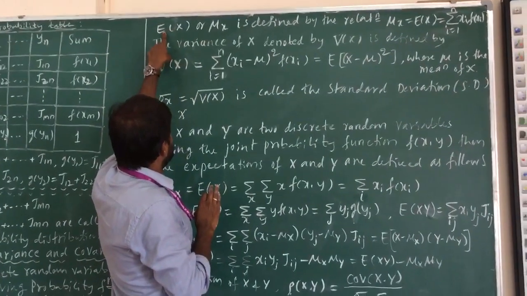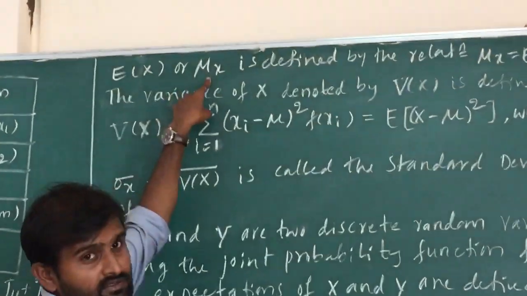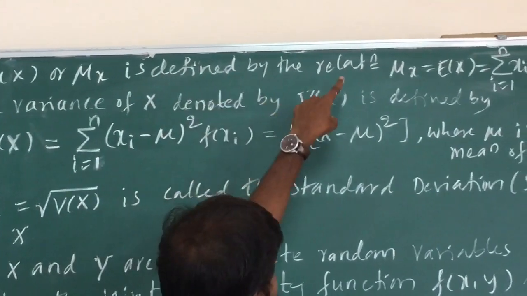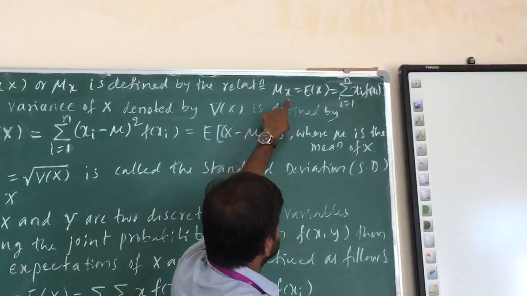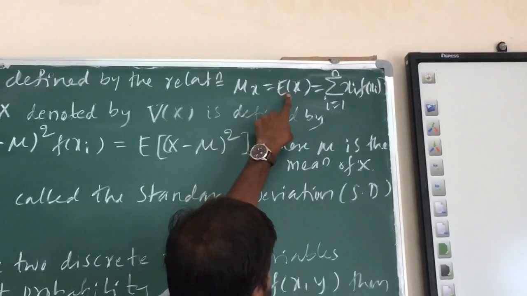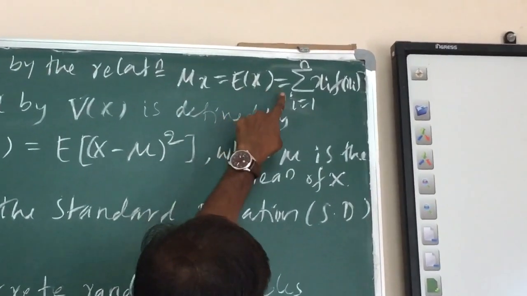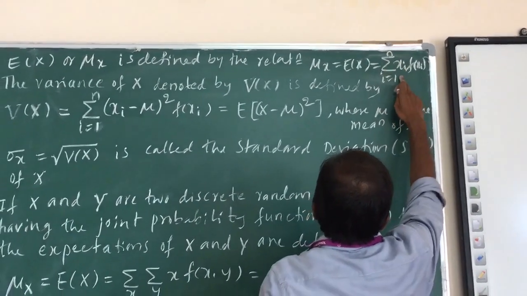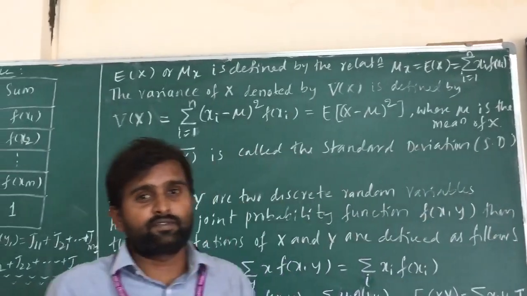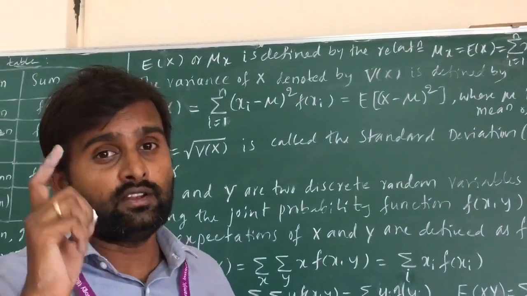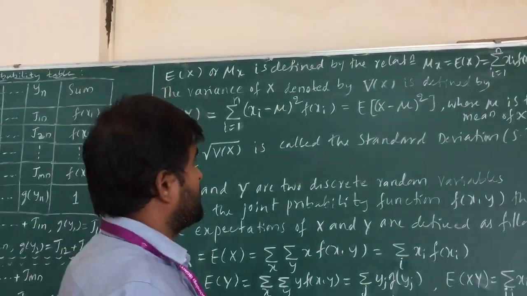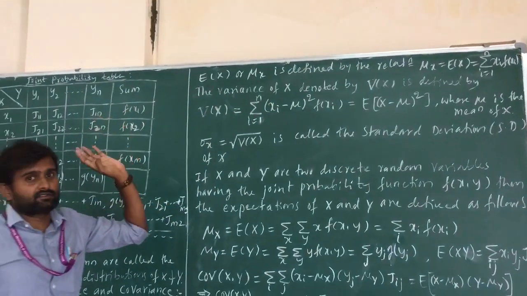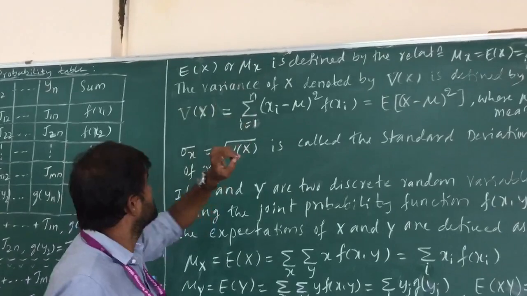Either you can write expectation of x or mu x; both are the same. It is defined by mu x equal to E of x equal to the sum from i equal to 1 to n of xi into f of xi. This is the expectation of x.